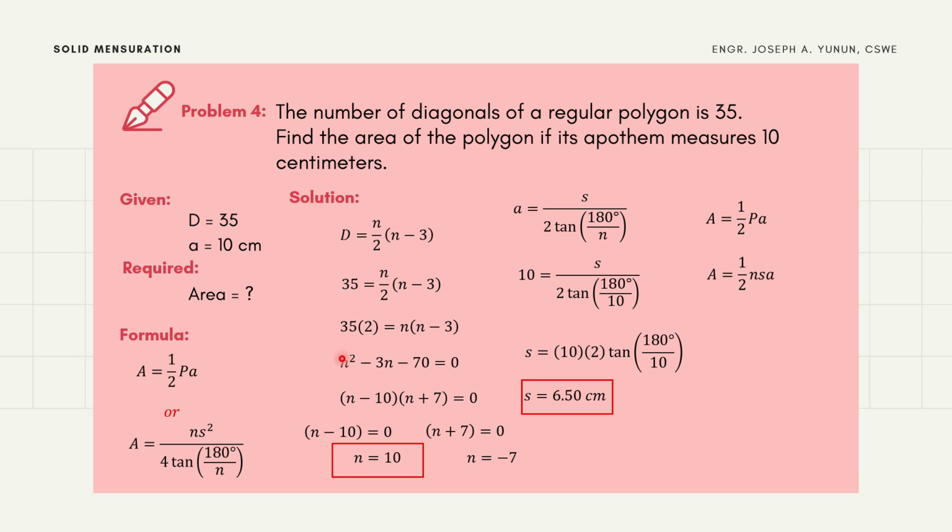The perimeter is the product of the number of sides and the length of one side of a polygon, so 1/2 nsa, where ns is equivalent to the perimeter. Substituting values, n is 10, the length of one side is 6.5, and the apothem is 10 centimeters. Simplifying this using your calculator, you'll get an answer of 325 square centimeters.